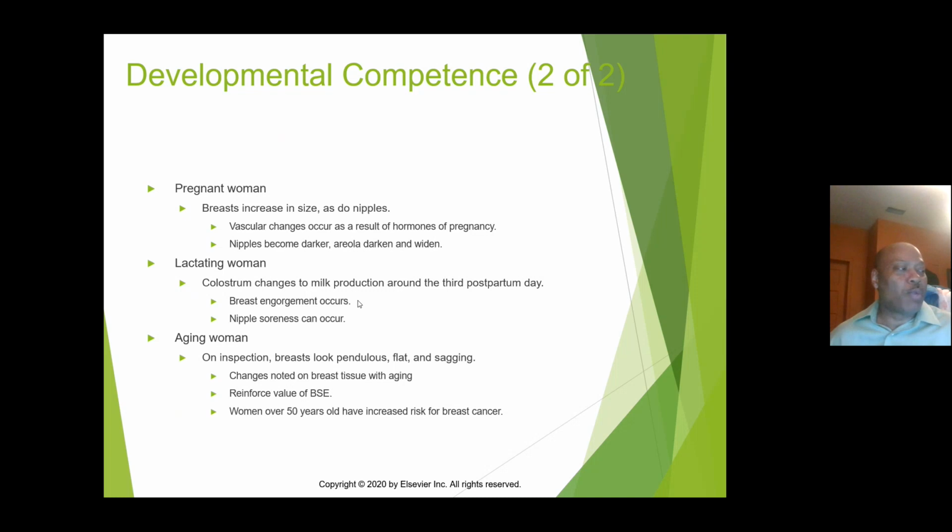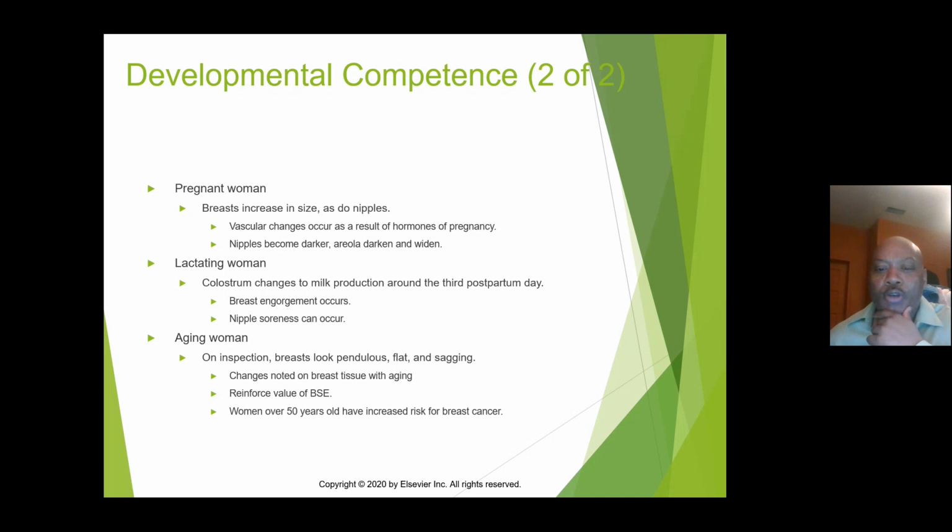Then, of course, with women when they're lactating, they produce colostrum. So colostrum changes to milk production roughly around the third postpartum day. All right. So breast engorgement will occur initially, and the nipples will become very sore for these mothers. This information can be found also on page 394 to 395.